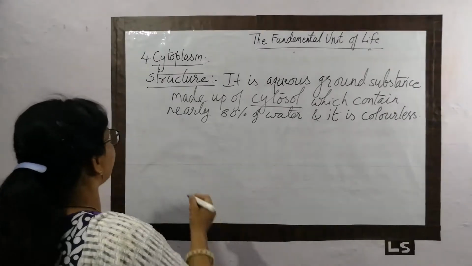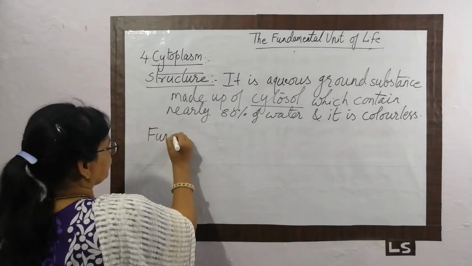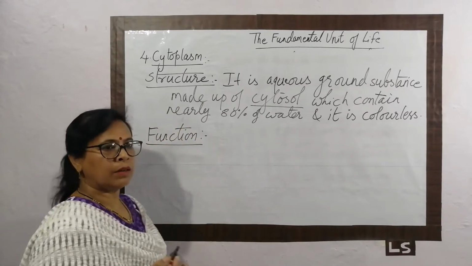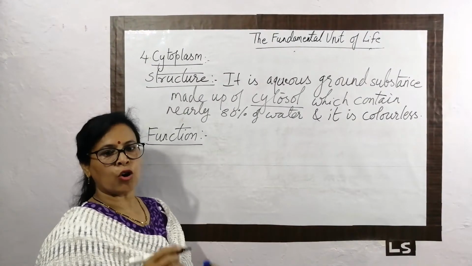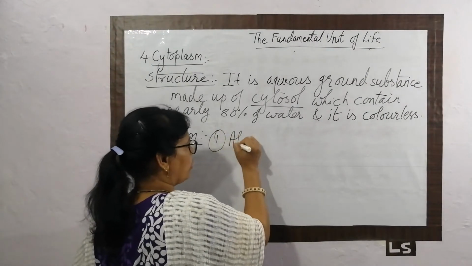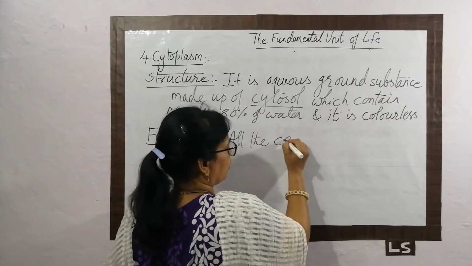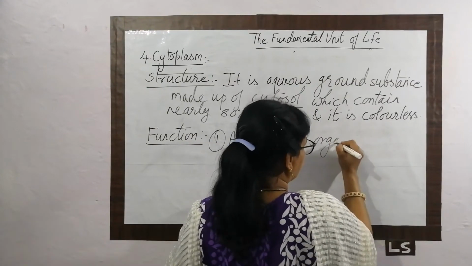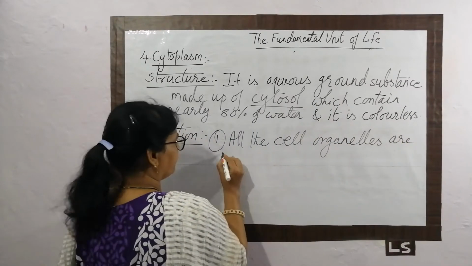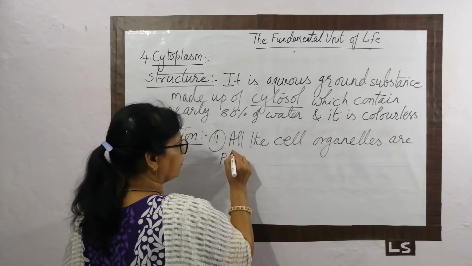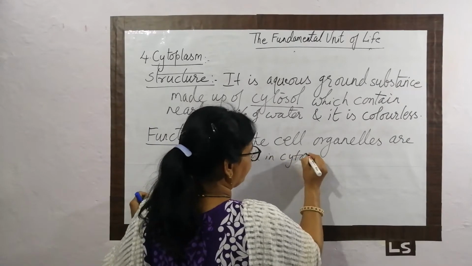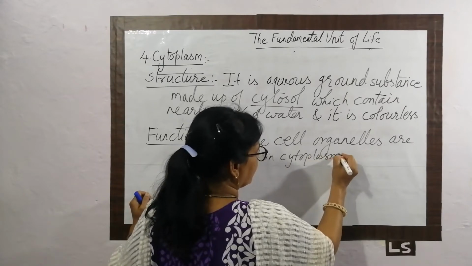Okay. Now, what is the function of the cytoplasm? Cytoplasm is the home or the place for all the cell organelles. The first function: all the cell organelles are present or placed in cytoplasm. Okay.